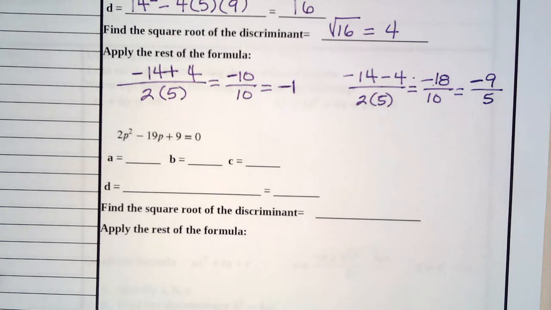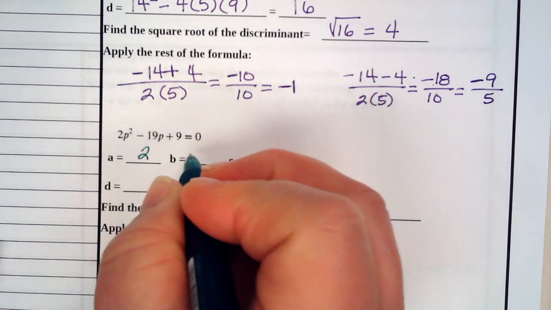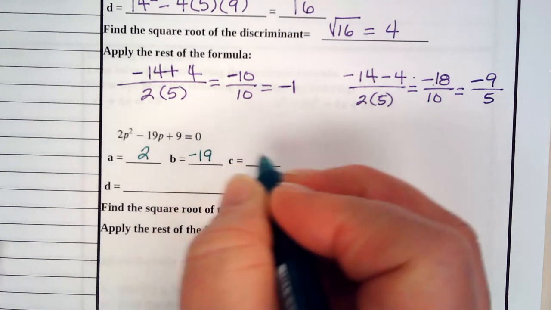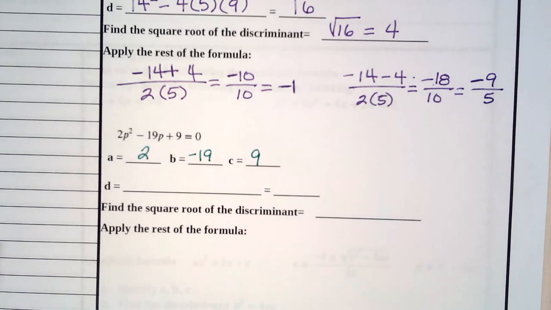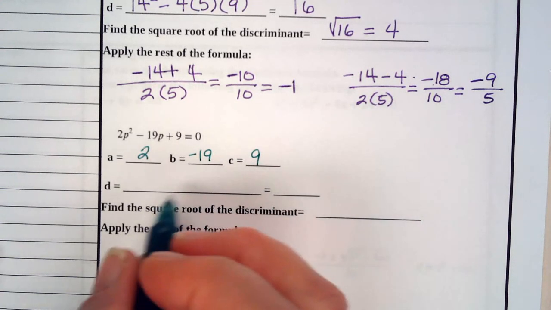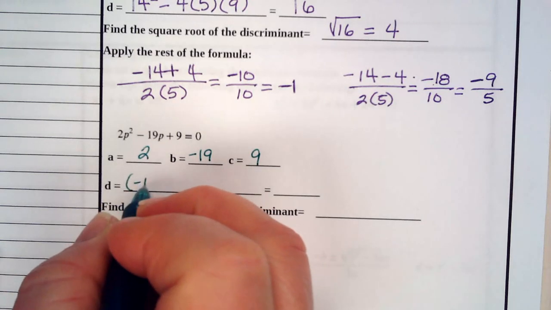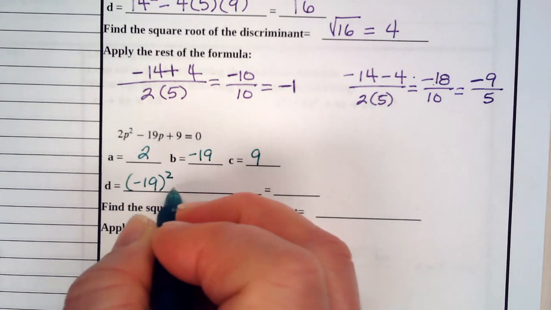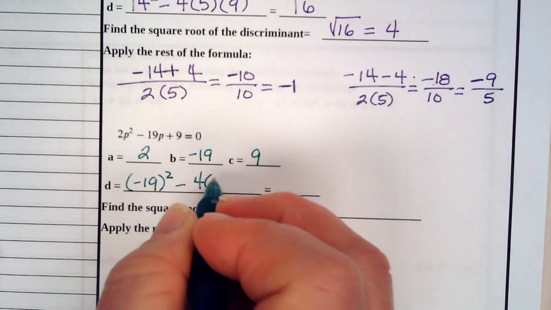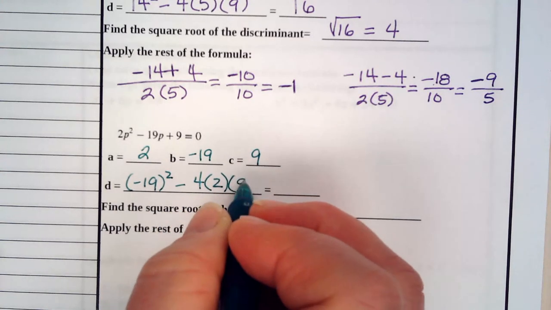Okay, let's try it. A is 2, B is negative 19, and C is 9. B squared, negative 19 squared minus 4 times 2 times 9.